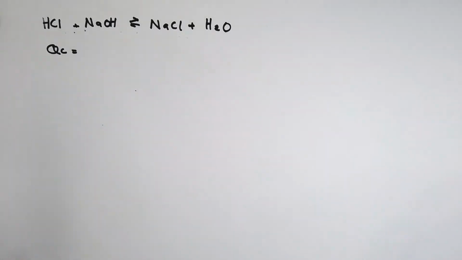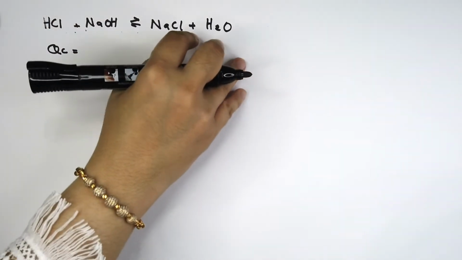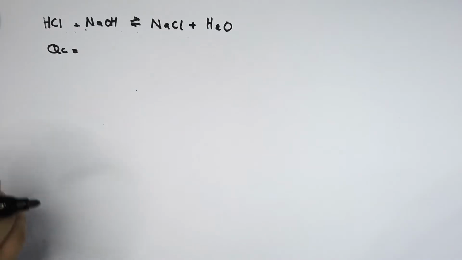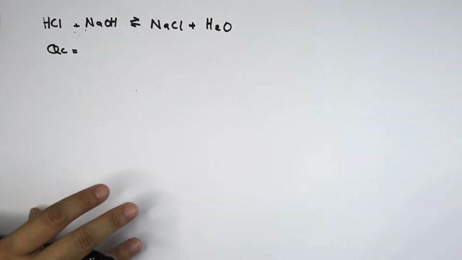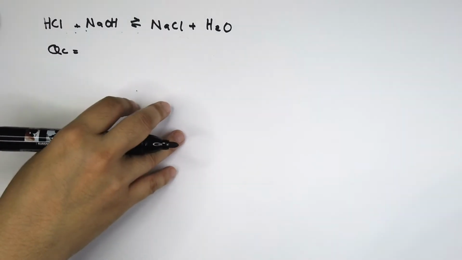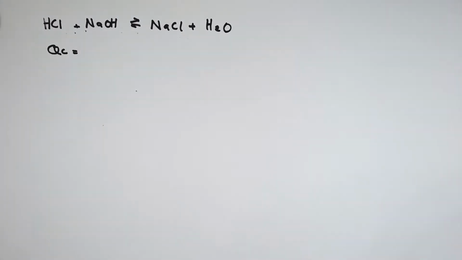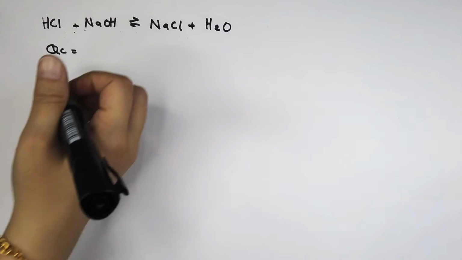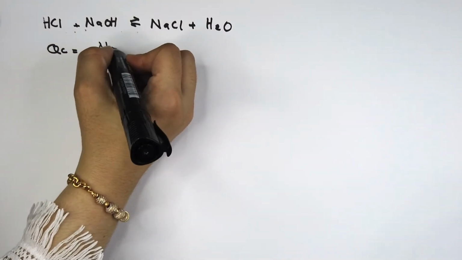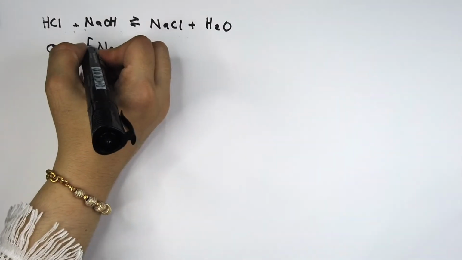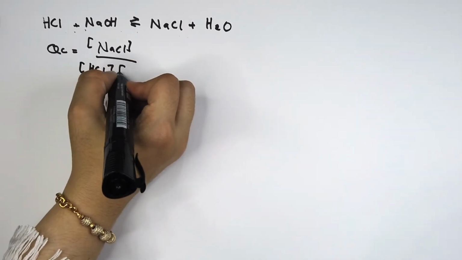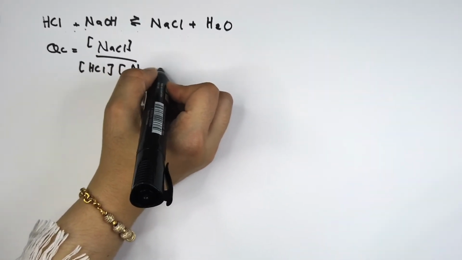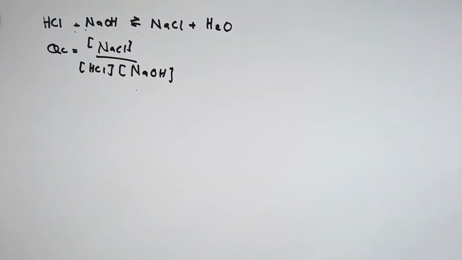Qc is the same, whatever is in the product divided by whatever is in the reactant. Please bear in mind that H2O will not contribute anything to the calculation of Qc or Kc. So the concentration of NaCl divided by the concentration of HCl times the concentration of NaOH is your Qc.